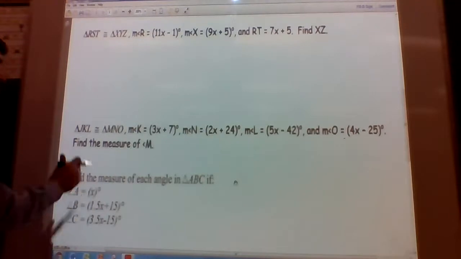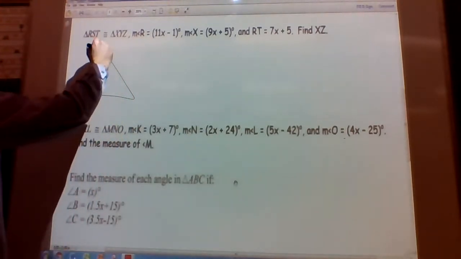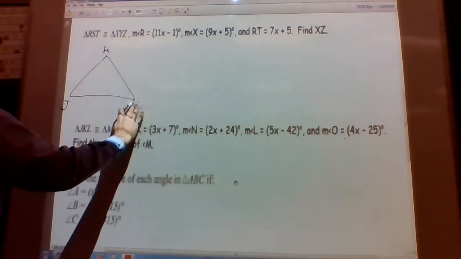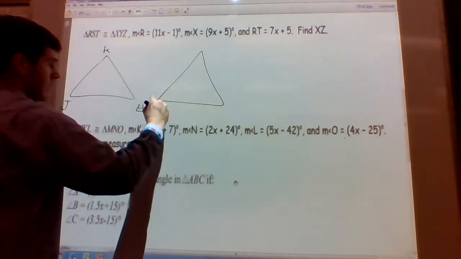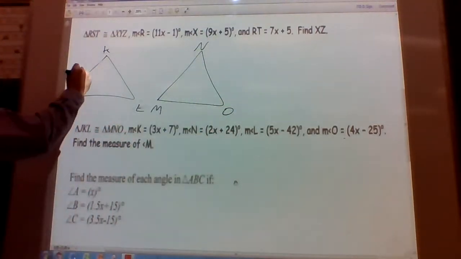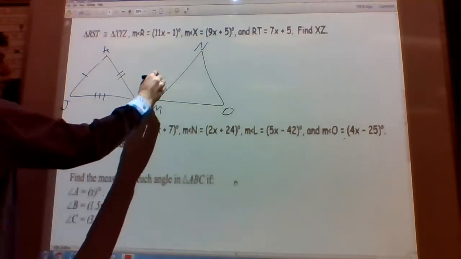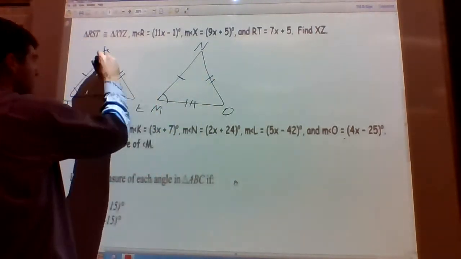Okay, but let's draw it out just so we all know what we're talking about. J, K, L. M, N, O. So again, we know all of this is going to be true because we drew it out in the same order.